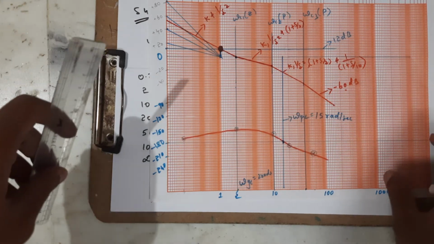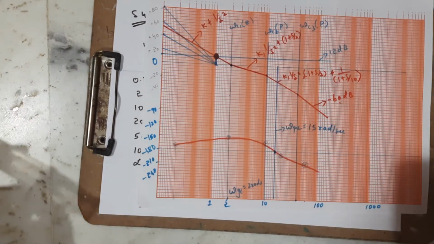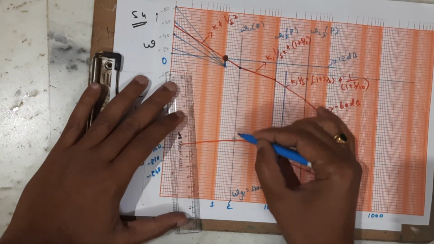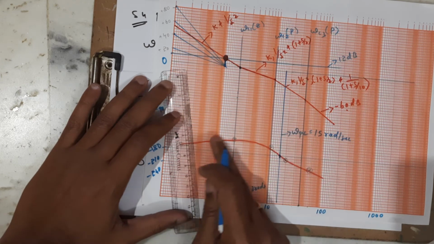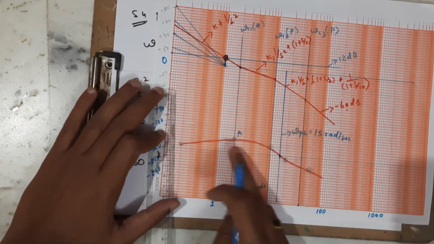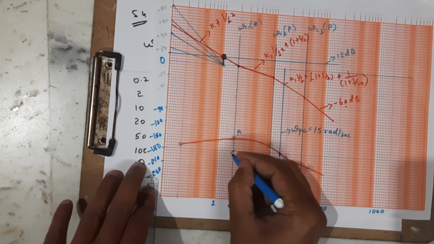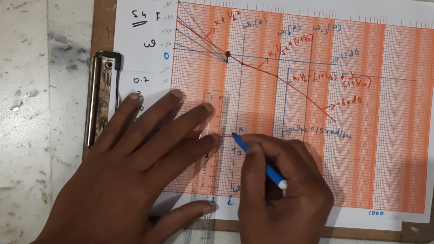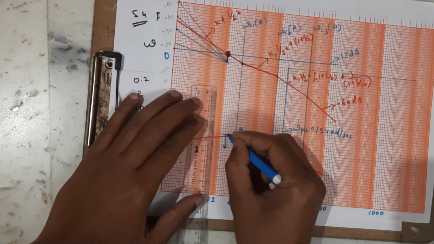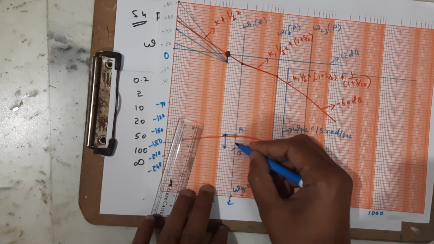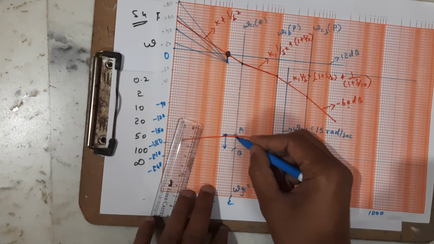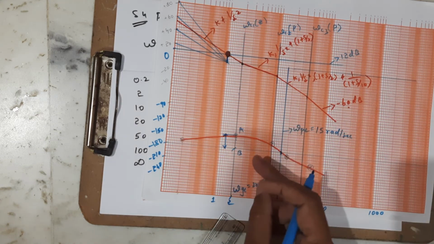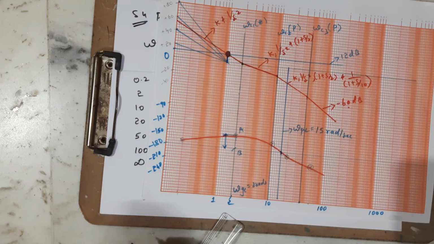Now the next step is to find the gain margin and phase margin. What is the phase margin? At omega GC I have drawn a vertical line. It intersects the phase angle plot at A and the reference line at B. Take this measurement. There are 5 units, and each unit represents 6 degrees, so 5 into 6.